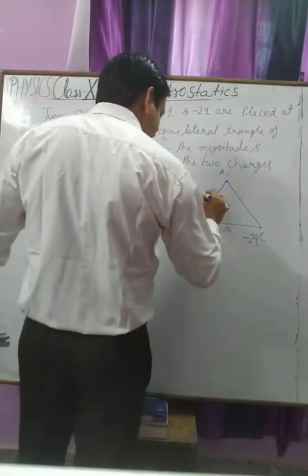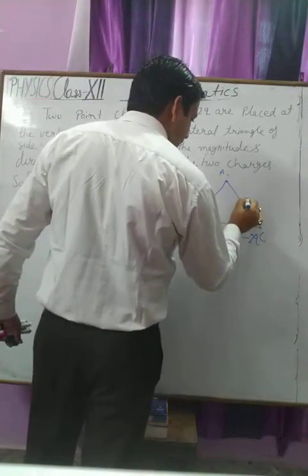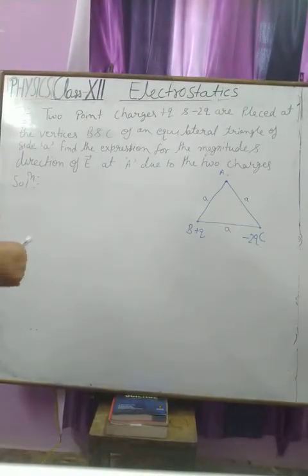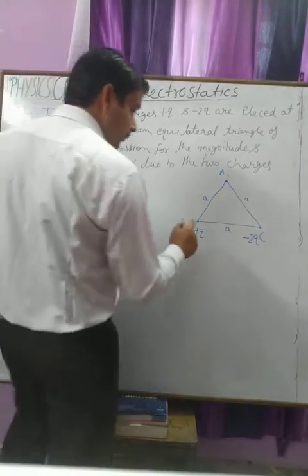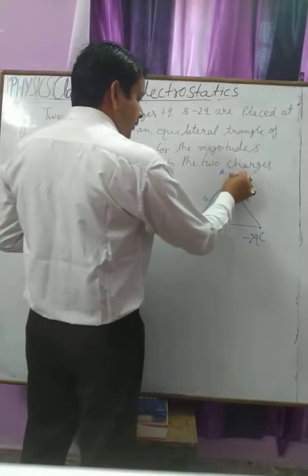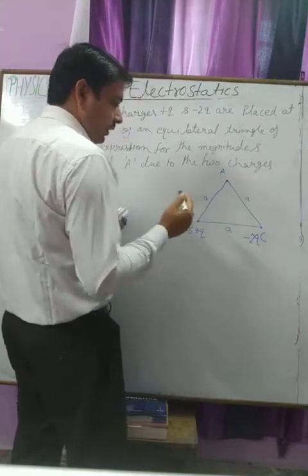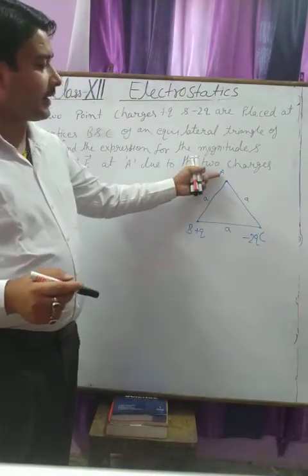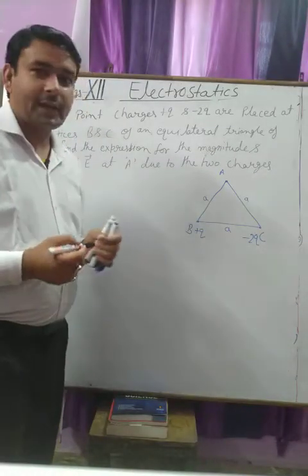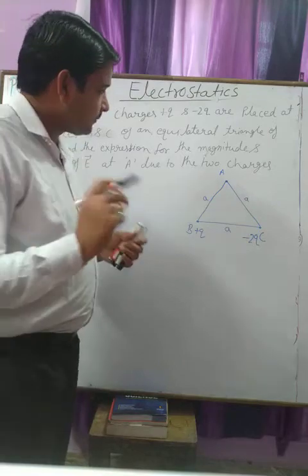Because it is an equilateral triangle, all sides are equal. Now, electric field due to plus Q charge at point B, because at point A here is a test charge, and we all know the test charge is always taken as positive.